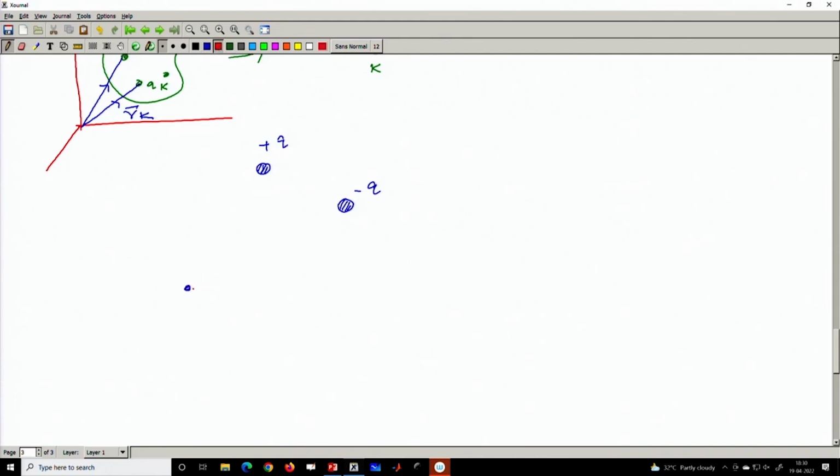The distance from the origin to the charge q is r0, and from here to here I have d, the separation between these two, vector d. So this vector comes out to be r0 minus d. This is the vector location for the point charge minus q.